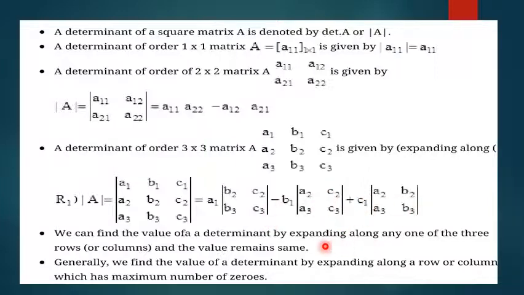That is also possible. Generally, we find the value of a determinant by expanding along a row or a column which has the maximum number of zeros. So whichever row has the maximum number of zeros, we start expanding in that manner.